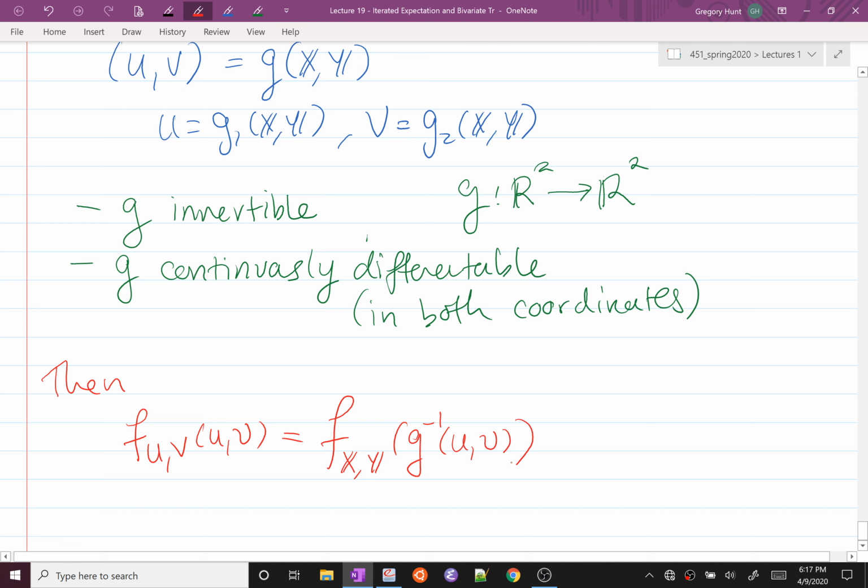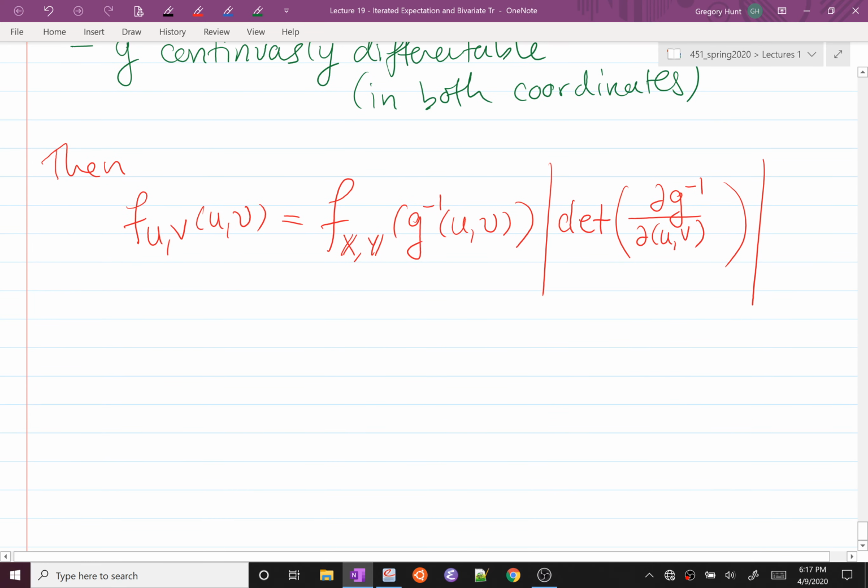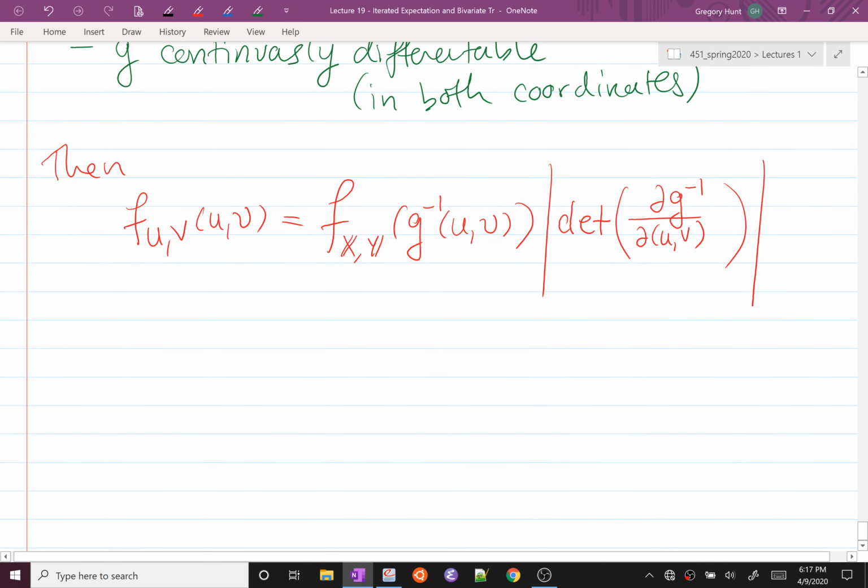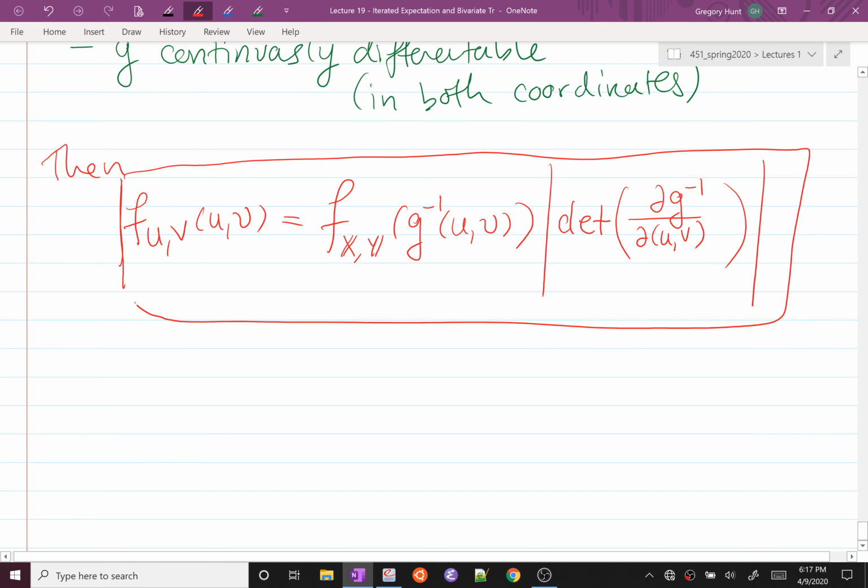So that is, the inverse function is a function R2 to R2. And I'm going to multiply by the absolute value of the determinant of what I'm going to call the derivative of g inverse with respect to (u, v). Okay, so that's the theorem. I'm going to put a box around this result. We're going to talk about the various parts of it.